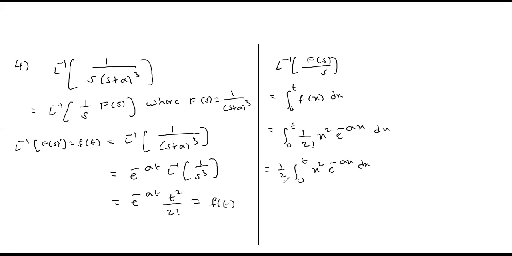And I know Leibniz rule. I can simply write it as x square into, whenever a polynomial is there, take that as the first function. The other one is the next function.